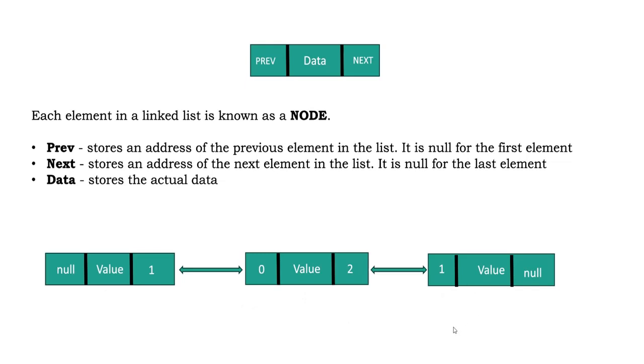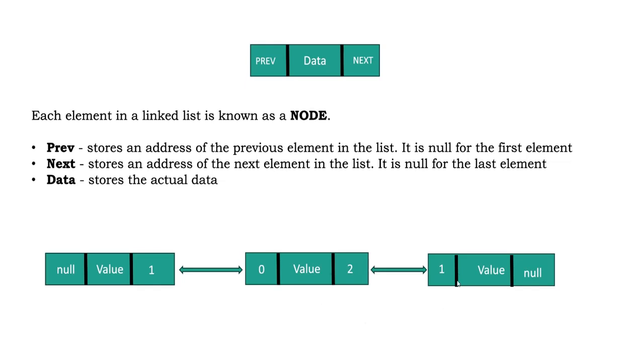If I want to insert any element, first it will check which index it goes to. Suppose I have three nodes here, which is nothing but 0, 1, 2 as the indexes. If I want to add a fourth one, first it will check the previous one.